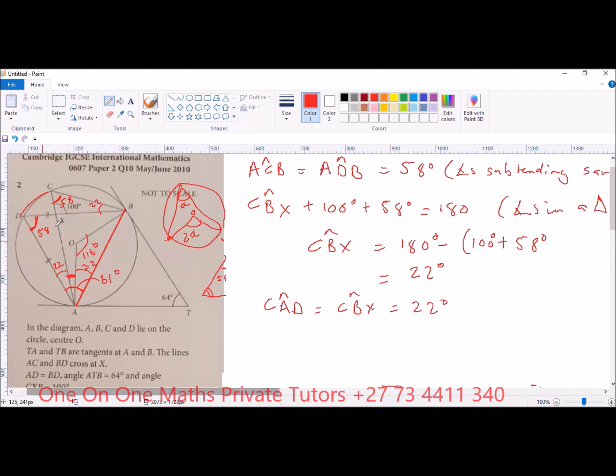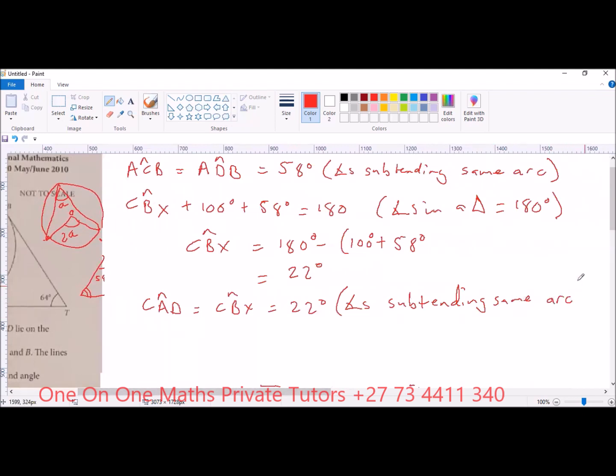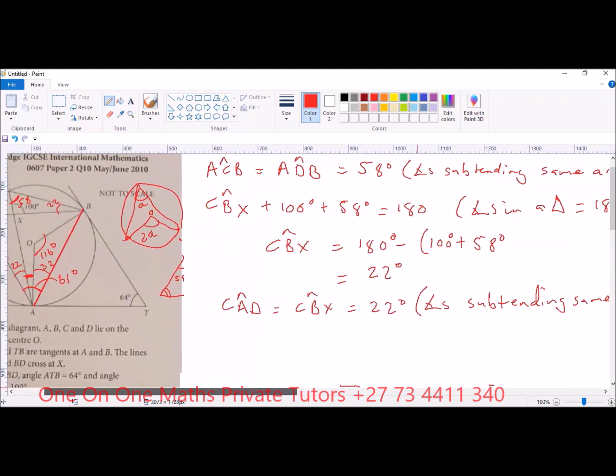Reason: they are subtending the same arc. You can see this angle is subtending this arc, and this angle here is subtending the same arc. Same arc, so we have our reason there.